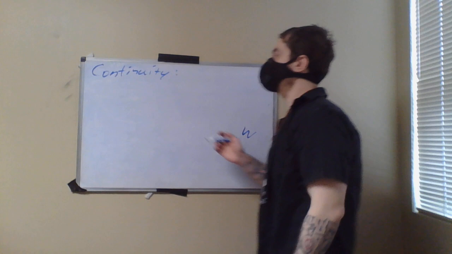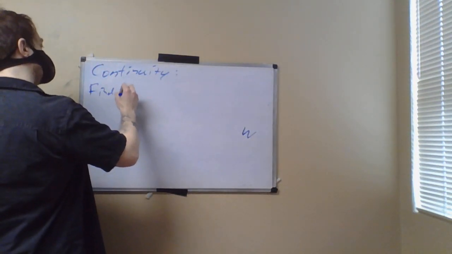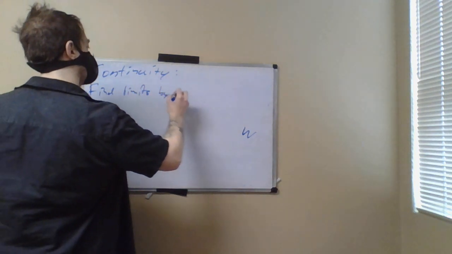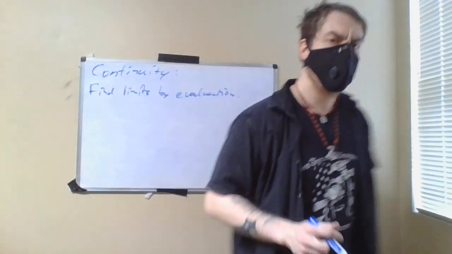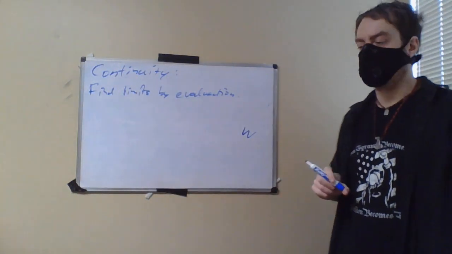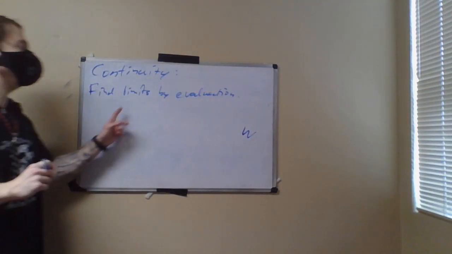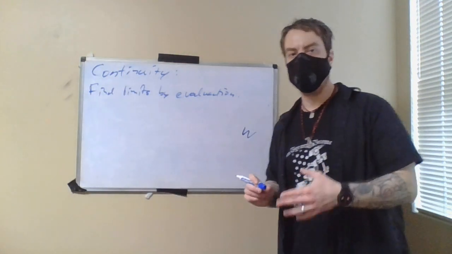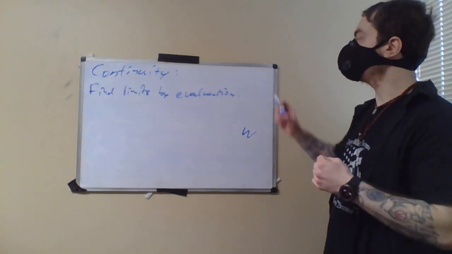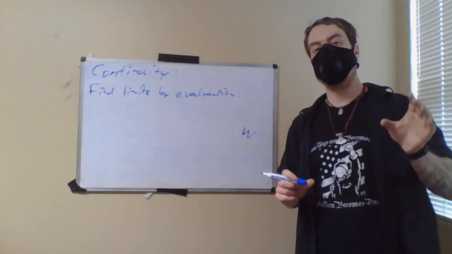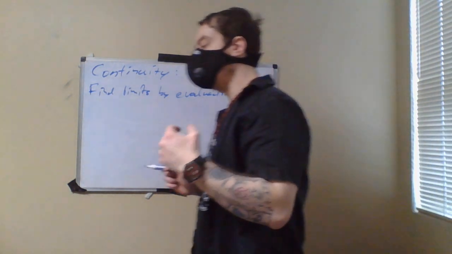Now, we need to make that precise, but first let's just state that. Find limits by evaluation. That would mean that a function is continuous. To make that precise, we need to be a little bit careful because you can find some limits by evaluation for certain functions, but not all of them. Like with a rational function, I can find the limits by evaluating, provided that we don't have a denominator of zero.